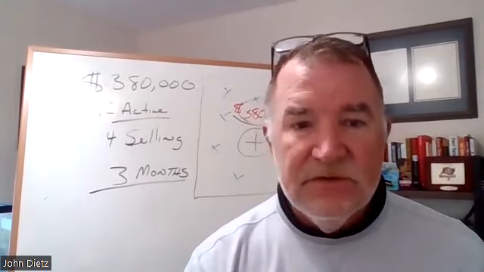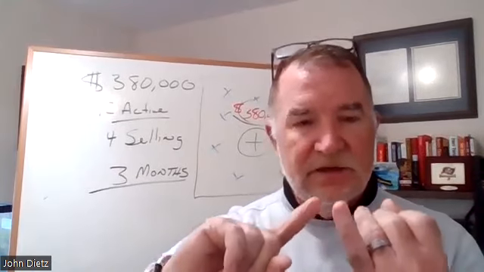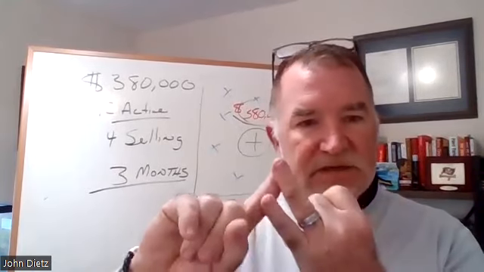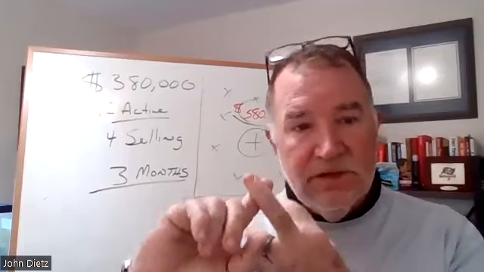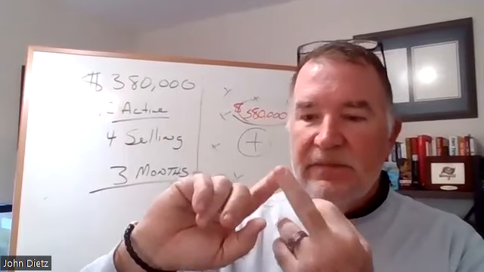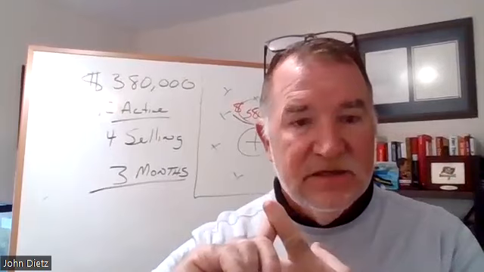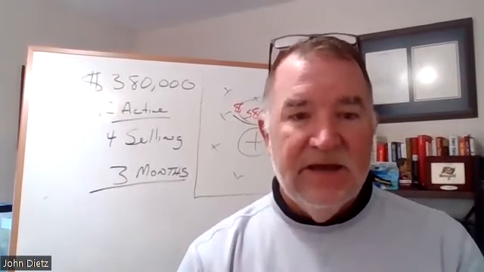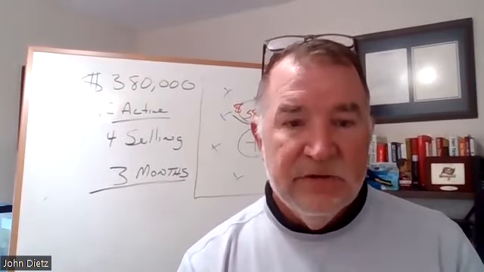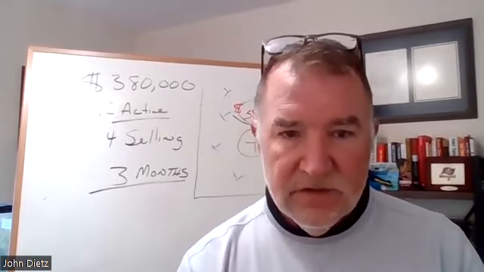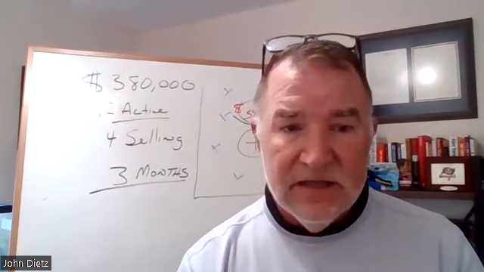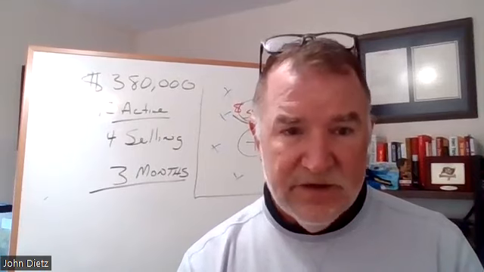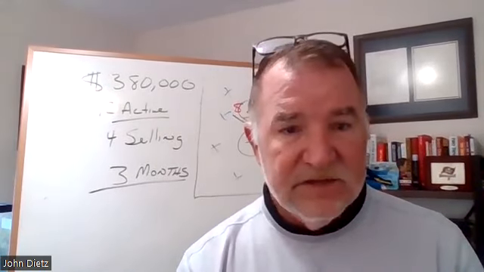I promise you the answer is going to be either location, presentation, amenities, or lack of amenities, and then price. How do you fix that? Price. Every home sells at the right price. There is no such thing as an unsellable property. Every home sells at the right price.